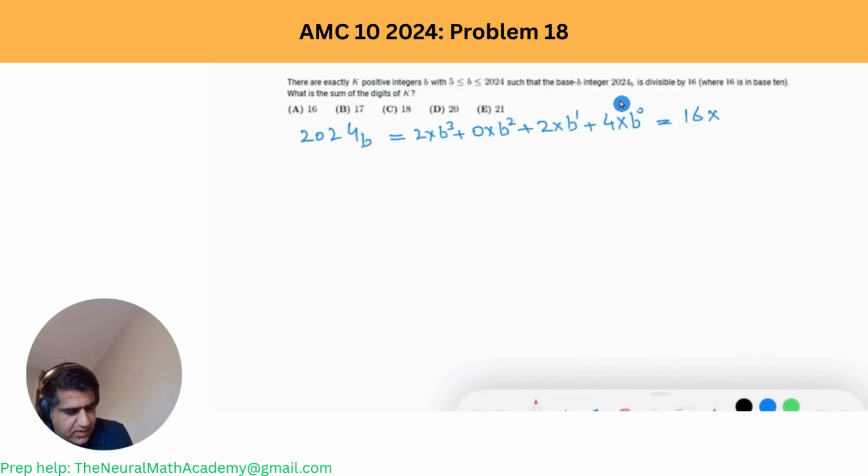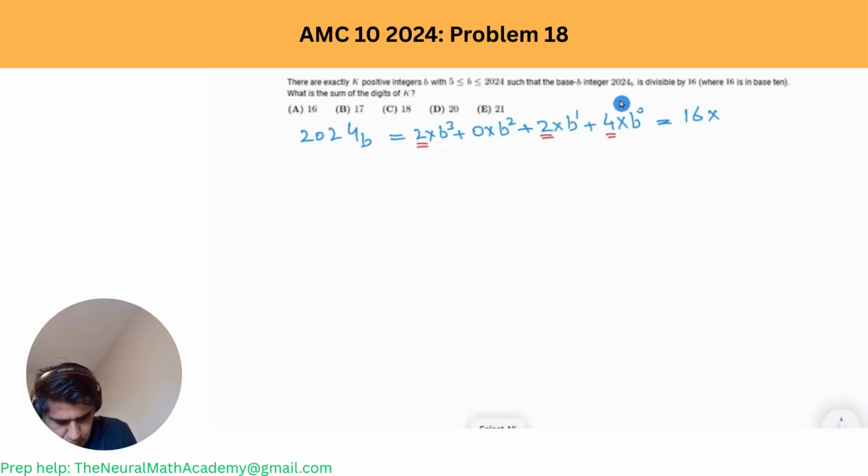Since this number is divisible by 16, and this number has 2 in common, right? So then I can also express this number as b cubed plus b plus 2, and that is equal to now 8x.